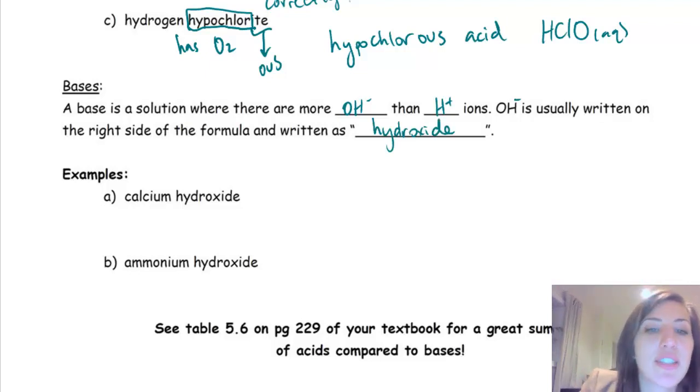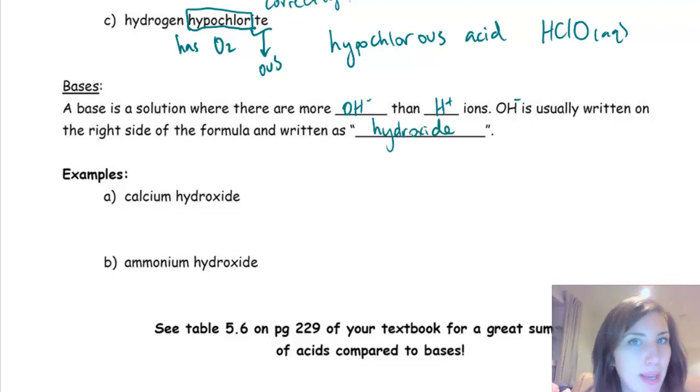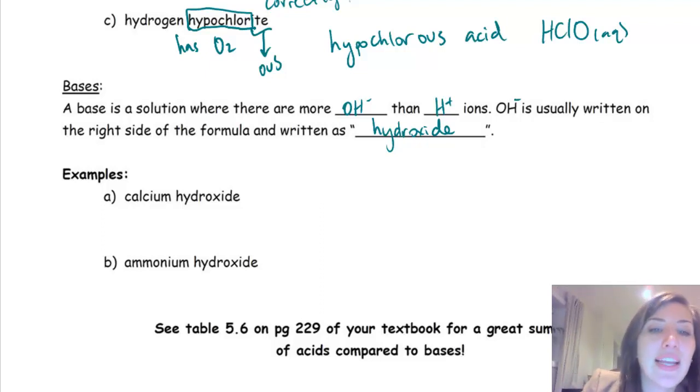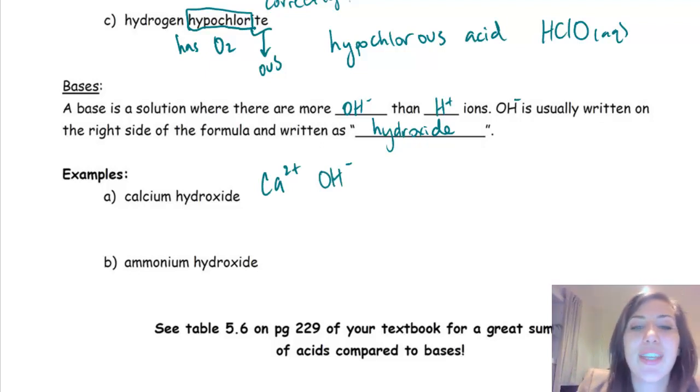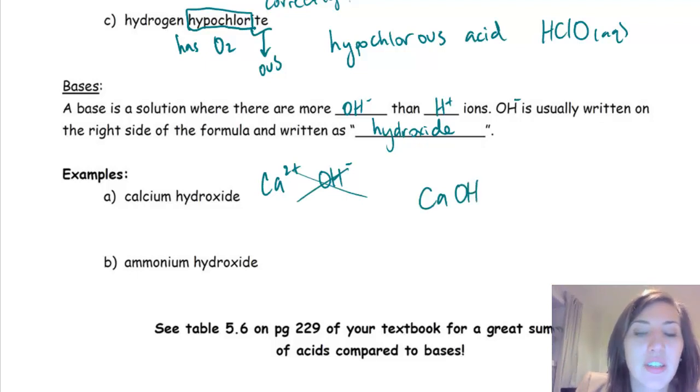So, calcium hydroxide. Same thing as when we were naming before in chapter 4. I like to write out the two ions and then check out what the charges are. Hydroxide has a 1 negative charge, but calcium is a 2 plus. So these are going to switcheroo down to the subscripts. So Ca(OH)2.